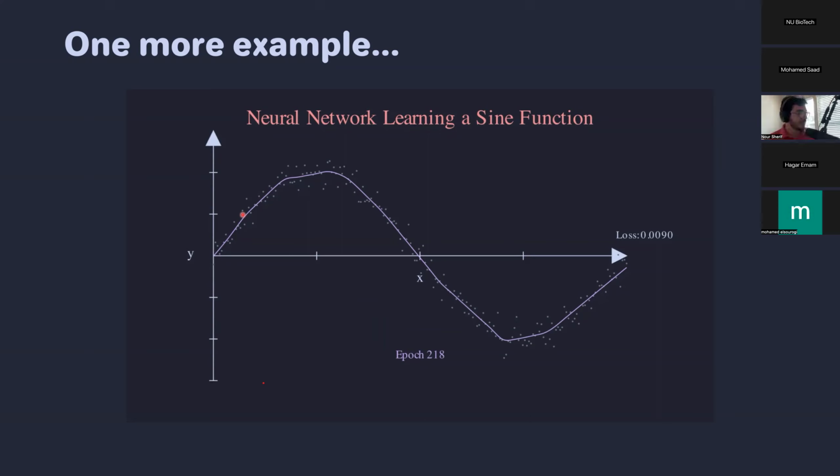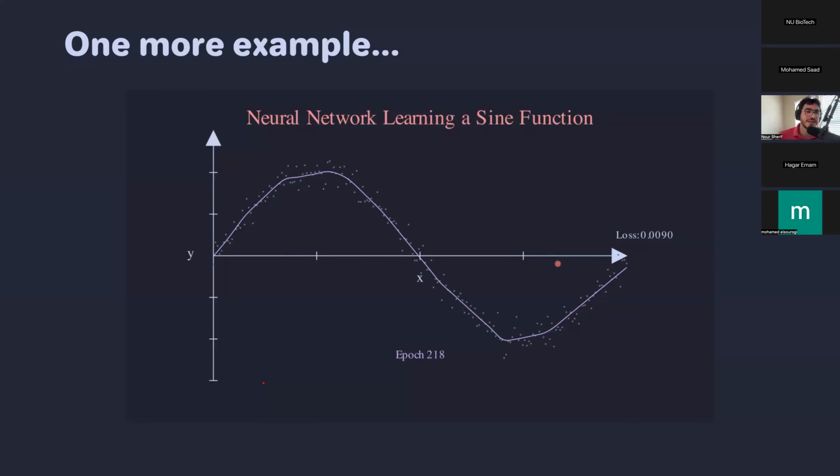It essentially did this, going up, going up, going up, and then going down, down, down. And because it has 64 different nodes, every node can change the direction of the line in a way. And you can see that when we do this, we can approximate basically the sine function using a bunch of straight lines.